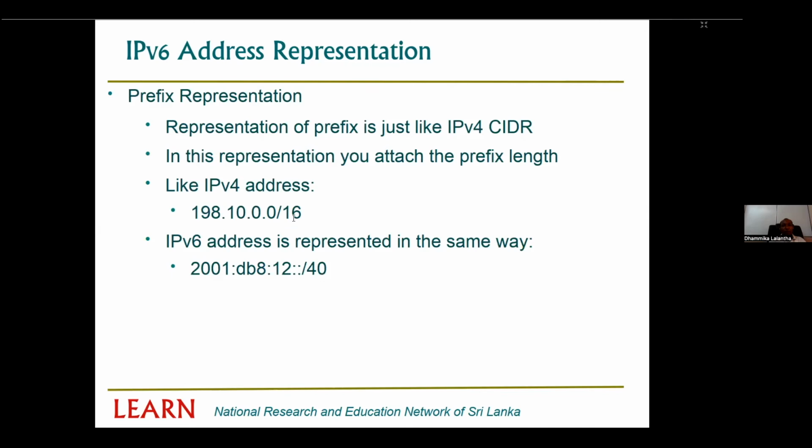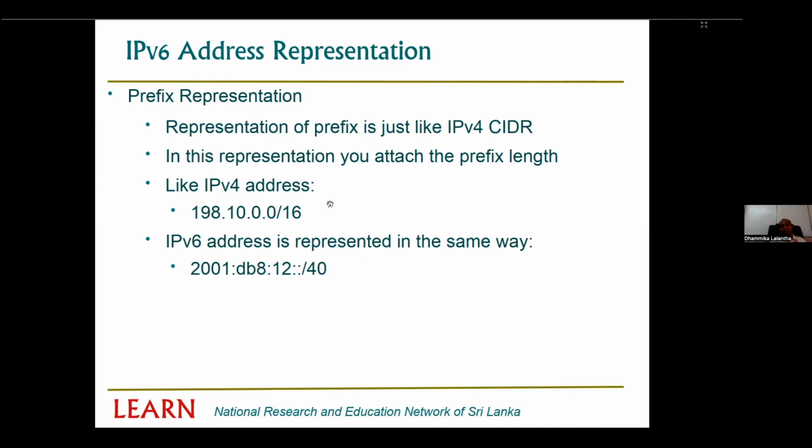So when we represent the prefix, it is just like IPv4. In IPv4 we represent the address in CIDR notation with a forward slash, like 192.10.0.0, the network address followed by a slash and the prefix length.